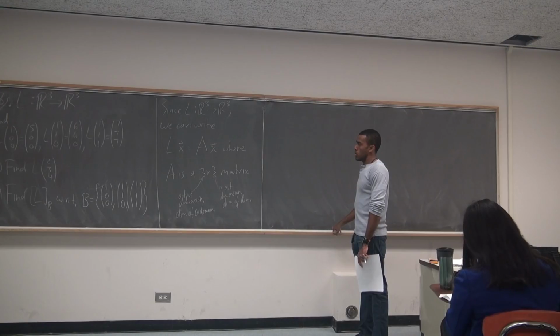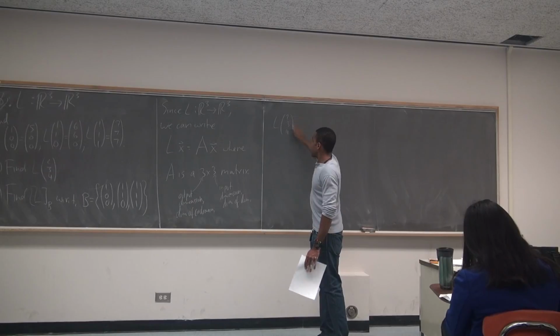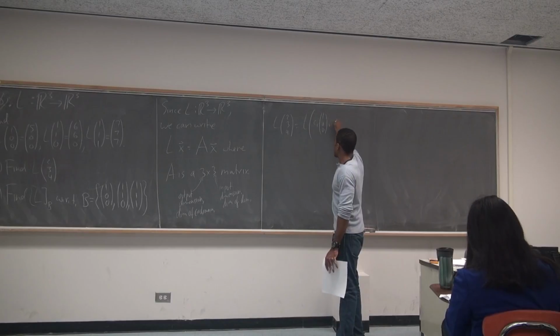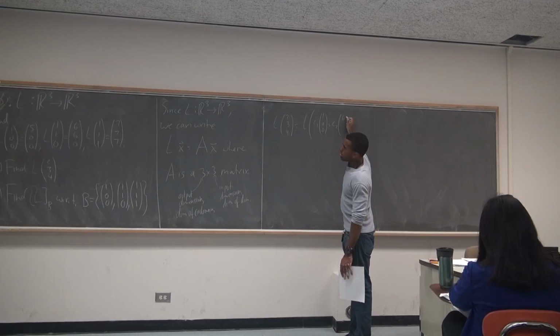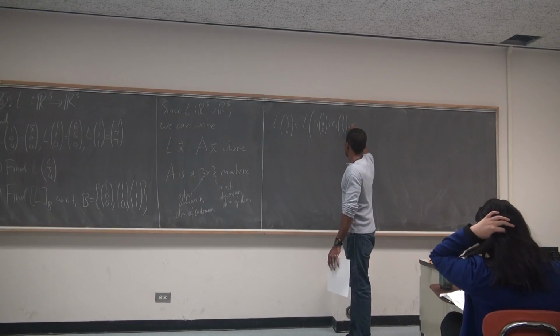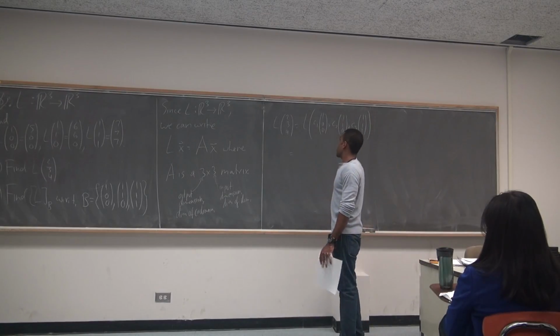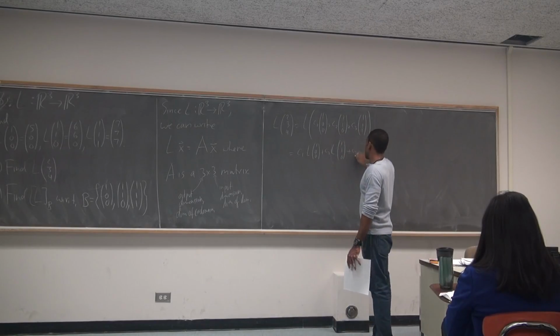Do you understand what I mean? I think so. So basically you're going to have C1 times L of (1, 0, 0) plus C2 times L of (1, 1, 0) plus C3 times L of (1, 1, 1).